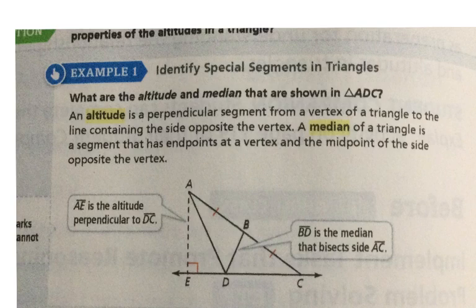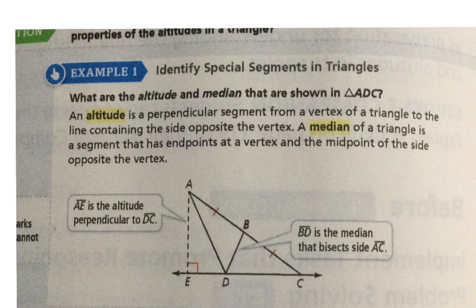Now, there are a couple of rules about altitude. So, right here in this triangle, look from A to D. Is that a line that goes from the highest point to the lowest point? Yes, it does, but it's not an altitude because it doesn't get there as quickly as it can. It's slanting. It's taking longer to get there than it would if you just went straight down.